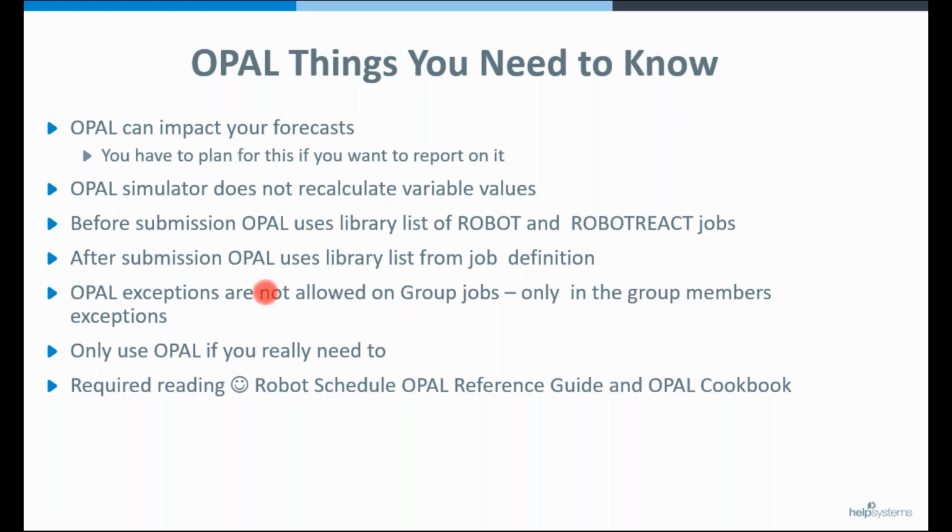The Opal exception says not allowed on group jobs, but it is allowed on group members. Okay, so exception scheduling on group jobs, you cannot add Opal to. And hey, the bottom line, only use Opal if you really need to. So this is what Tom talks about.